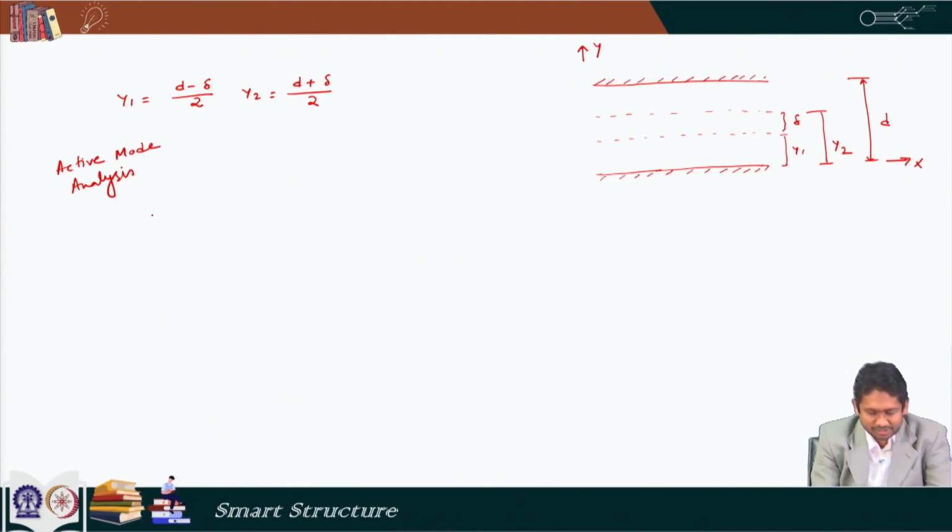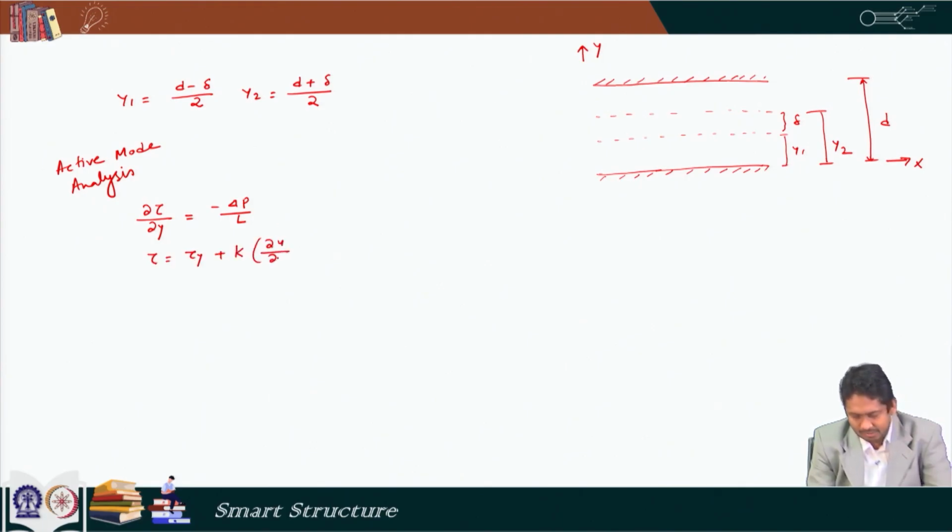So, we will start with the governing differential equation, and the governing differential equation is del tau by del y equal to minus del p by L, and our constitutive relation we have written as tau equal to tau y plus k del u by del y to the power n.